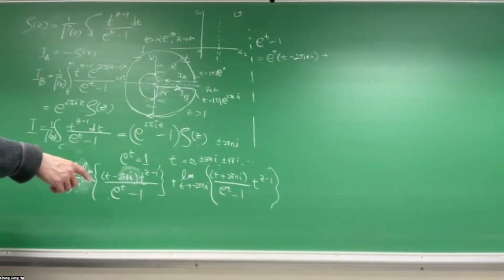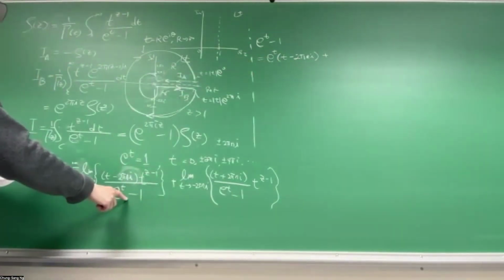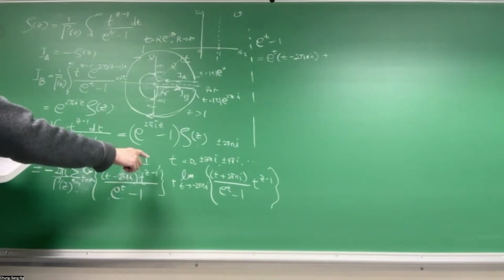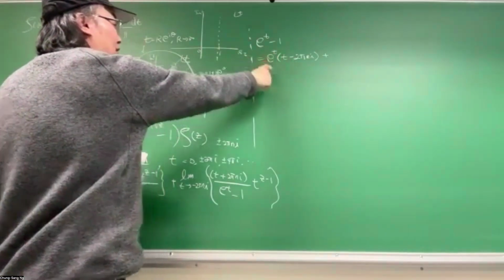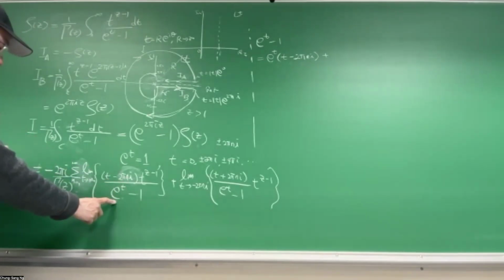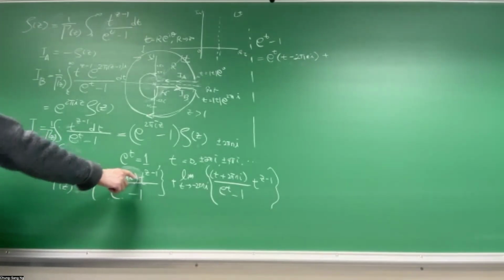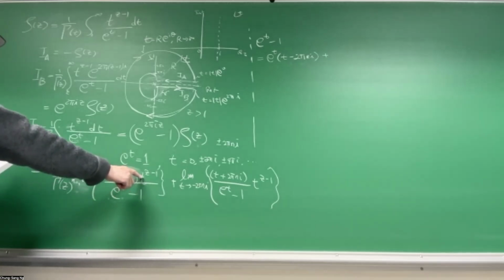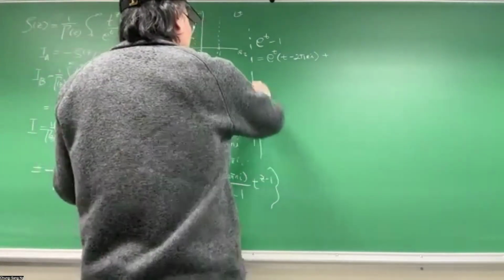But this factor in the denominator will cancel this factor, right? And then when t goes to 2 pi n i, this exponential factor is just 1, so everything is 1. So this divided by that would be 1 after taking the limit, and then t returns to 2 pi i n and this factor. So let's continue here.